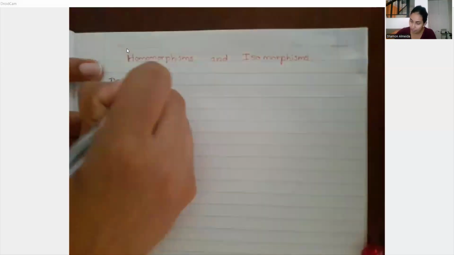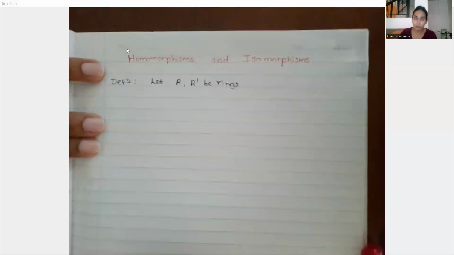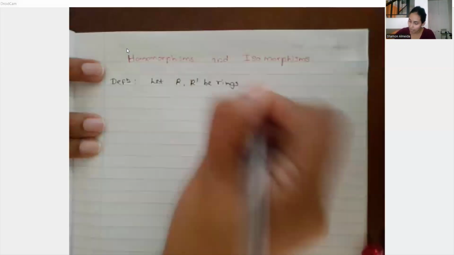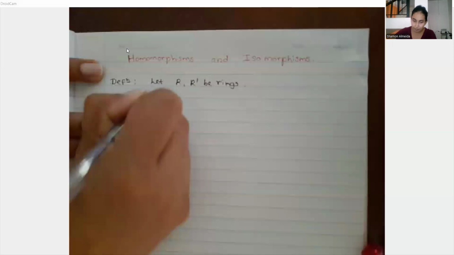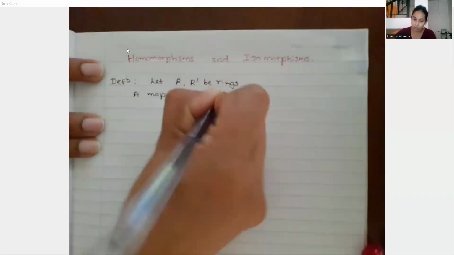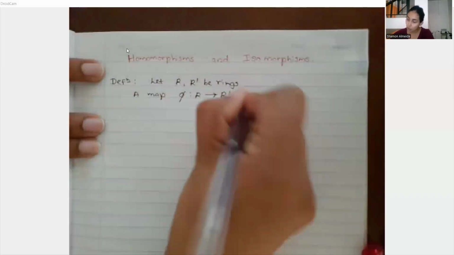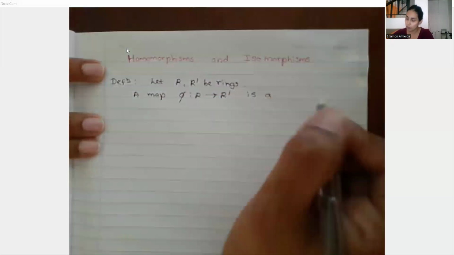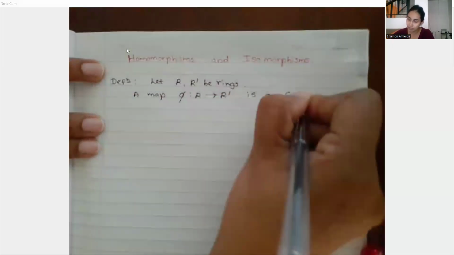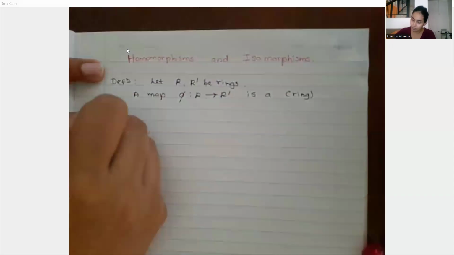Definition. Let R and R prime be rings. Then a map phi from R to the other ring R prime is a homomorphism. This is actually a ring homomorphism, so within brackets, I'll write ring homomorphism.